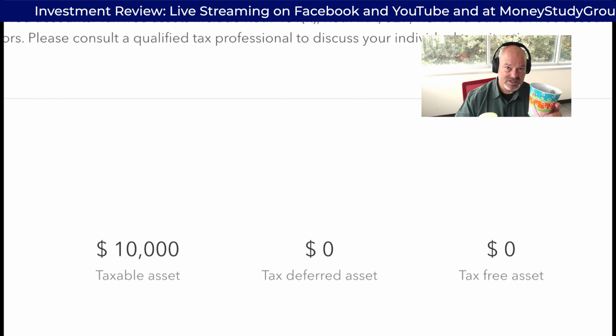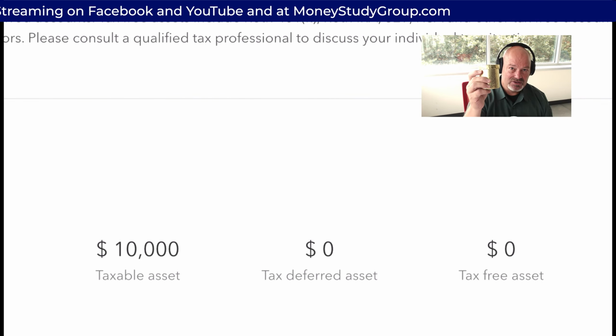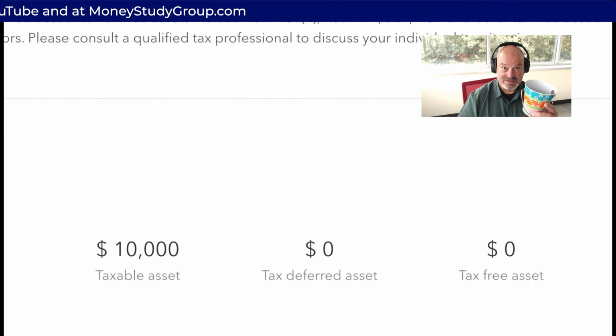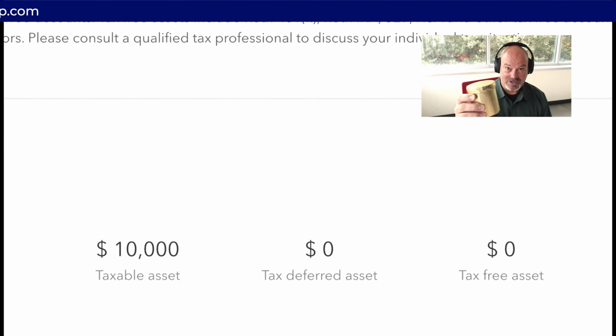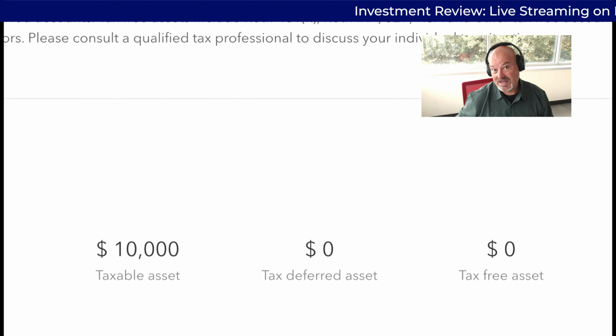So the biggest difference between the tax deductible IRA and the tax-free Roth IRA is that this one is tax deferred and this one is tax free. So what does that mean? If I put money into an IRA, I'm 59 years old.